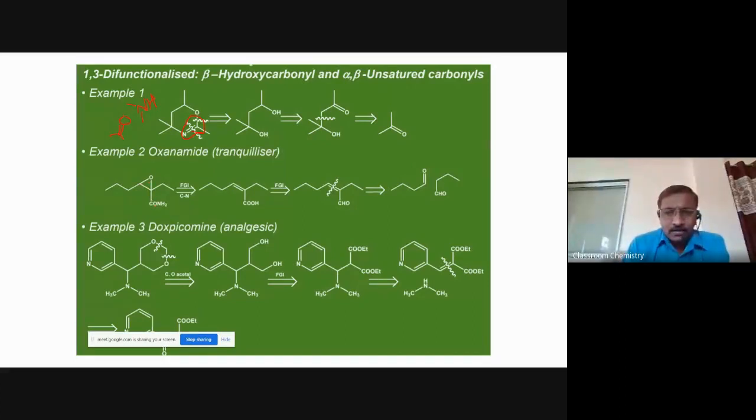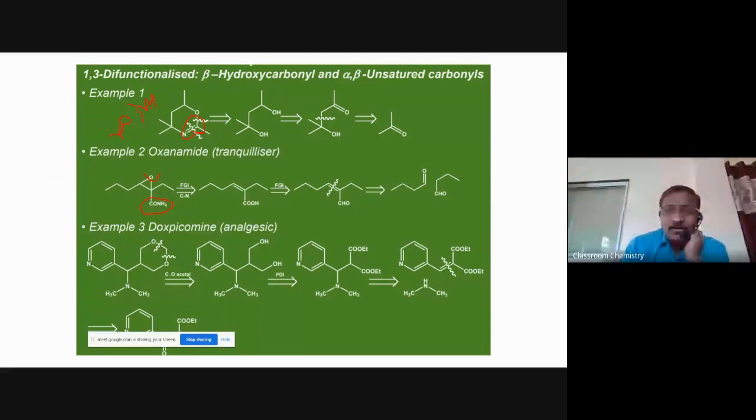We know how epoxide is obtained. This epoxide is obtained from the carbon-carbon double bond. So first of all, we have to remove this one. In the first functional group interconversion, we can remove this one. At the same time, there is an amide, and we have to remove this also. So this epoxide we have to remove to get the double bond over here. And this CONH2 amide is obtained from acid. So here we can write down acid.